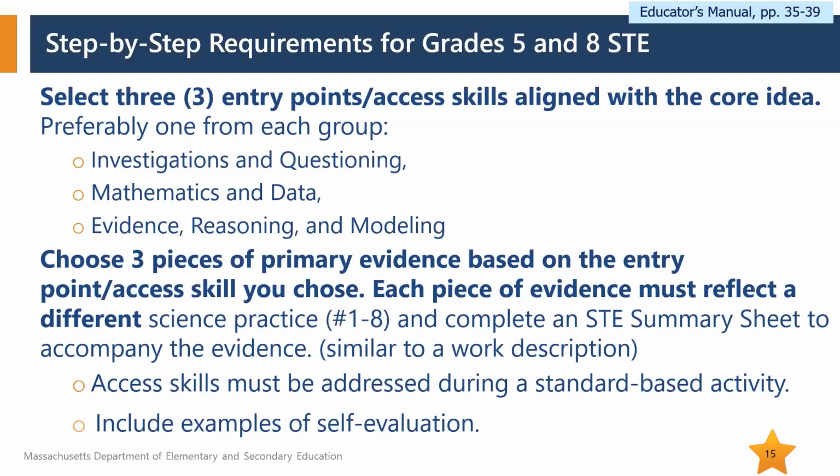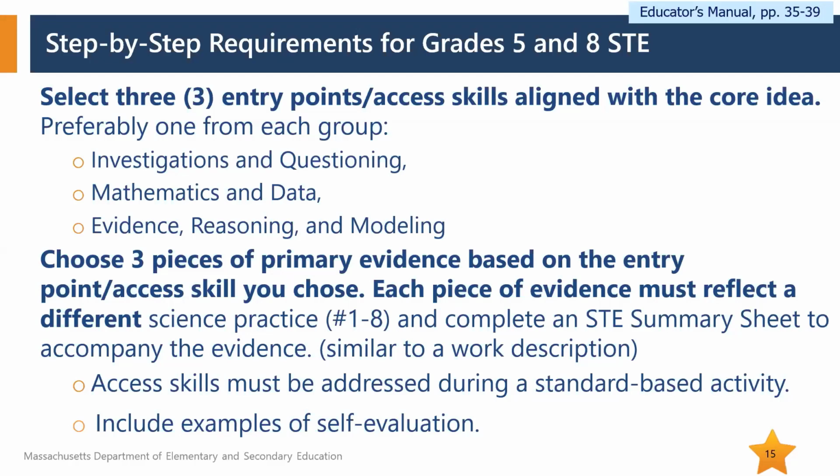You're going to complete a summary sheet. So each of those disciplines are going to have 3 summary sheets. And you're going to attach that to the evidence. And those summary sheets are similar to a work description label. Access skills still have to be addressed during a standards-based activity.